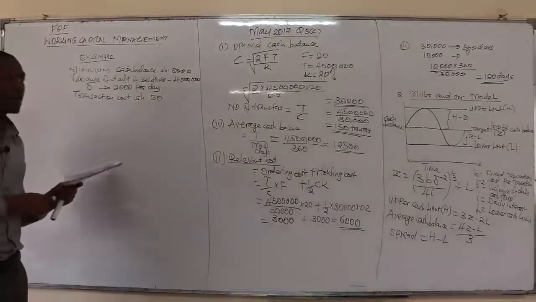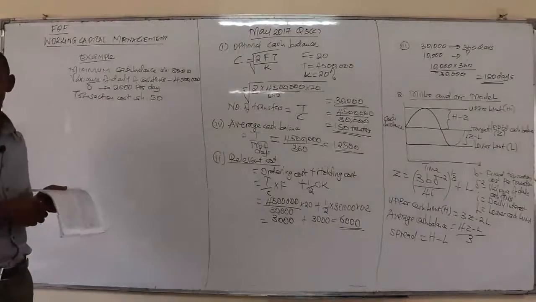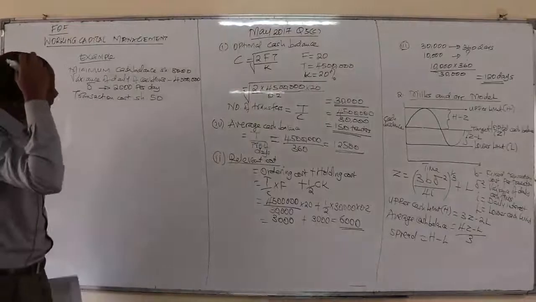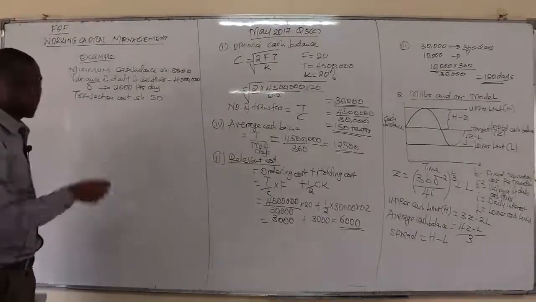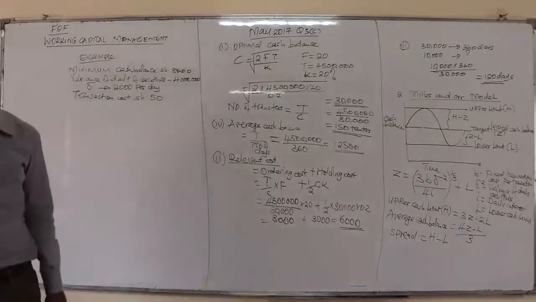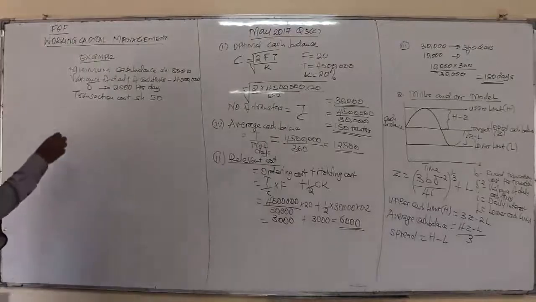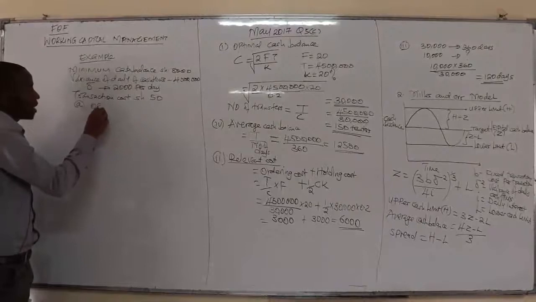You are required to determine: Roman 1, the optimal cash balance.